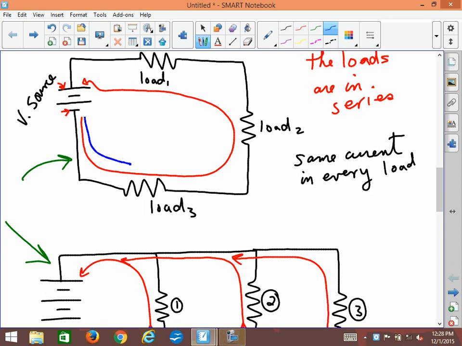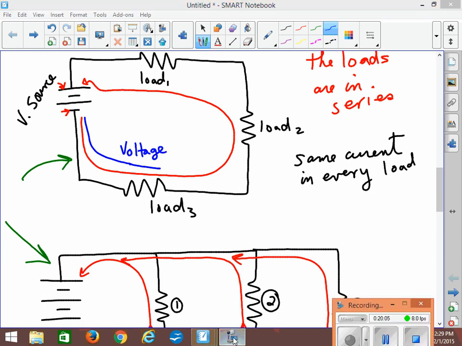Remember we said the work that gets done by the load is the moving electrons. So when they leave here, they're going to have a little bit less energy. So what we say is there's a voltage drop. It's kind of like if you had a bunch of energy and then you had to run up a hill.